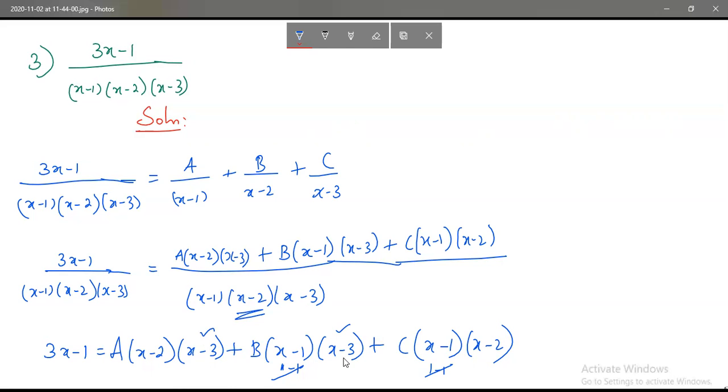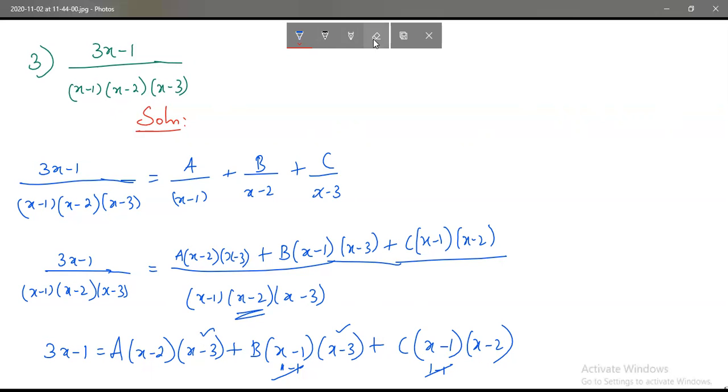So a and b actually get eliminated and you can find c. So let us put x equal to 1 first and find a, and put x equal to 2 and find b, and x equal to 3 and find c.